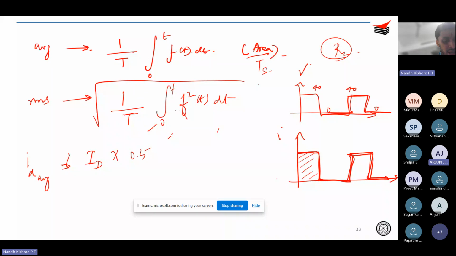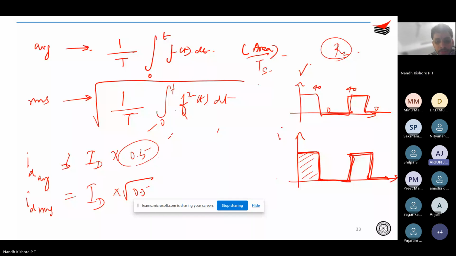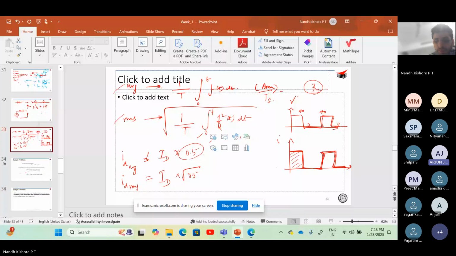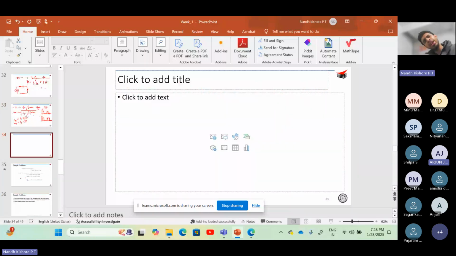And what is ID RMS? ID RMS will be ID into root over 0.5. Okay. Some of you may have doubt as to how I wrote directly 0.5 and how I wrote directly root over 0.5. I will come to that. But till this point, is it fine? We took the average and the RMS values. We just need to compute what is the average and the RMS values.